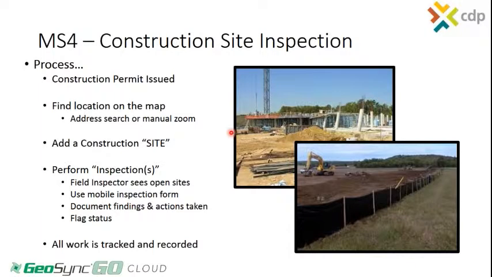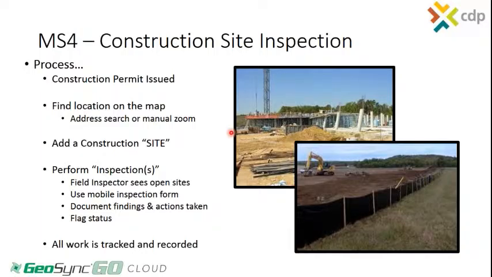So the process in general is someone wants to build something. There's a construction permit that is issued. After that, we'll locate that construction site on our map using an address search or manual zoom on our map. We'll spot that construction site on our map. And then once we have that, we want to perform inspections on that site.